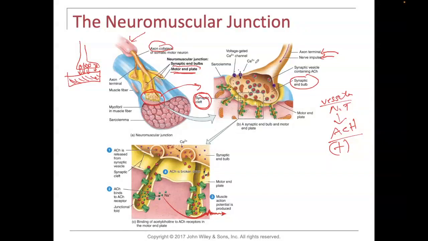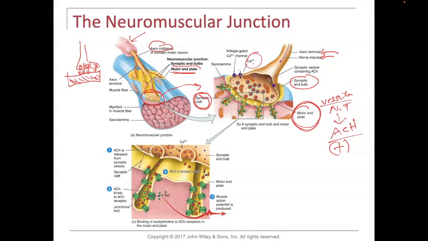And what gave it the message to do that was calcium. Calcium influxes. It goes in, sends a message and says, hey, acetylcholine, you can do your job. You can cross the synaptic cleft and you can bind to the motor end plate of the muscle.